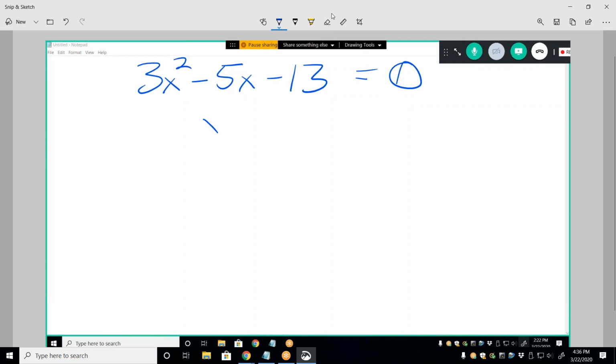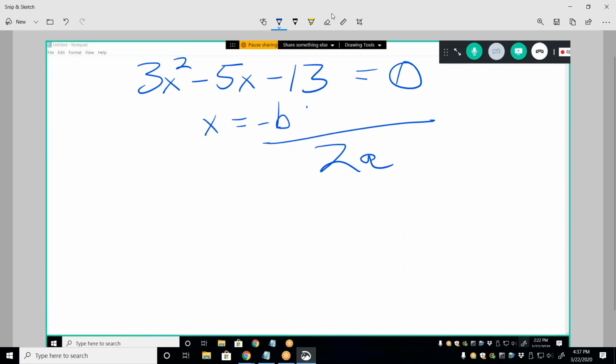Give me the formula first. Negative b over 2a. Actually, give me the entire numerator. That's not usually the way the quadratic formula is given. It's not really negative b over 2a. I mean, you could do it that way, but you only want a single denominator of 2a. What's the rest of the numerator?